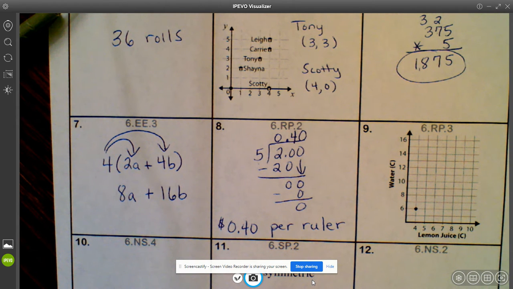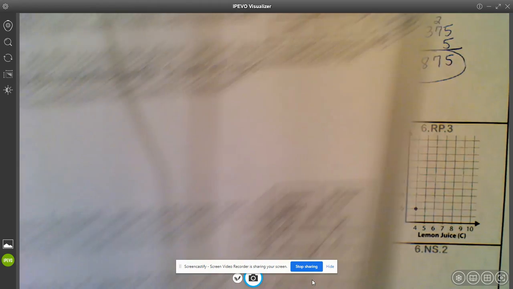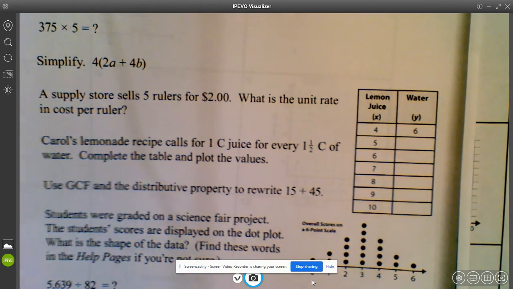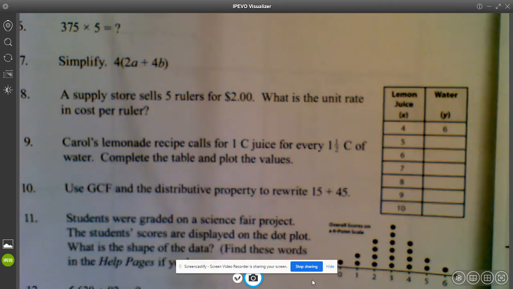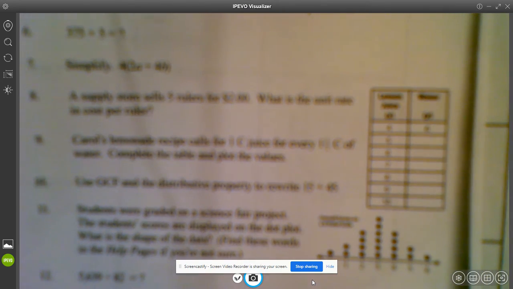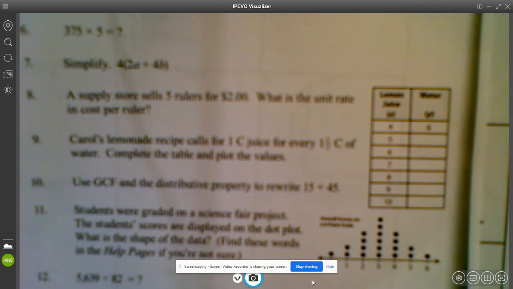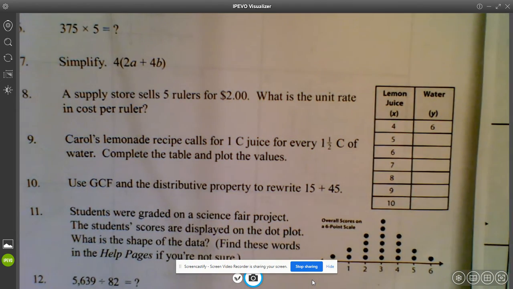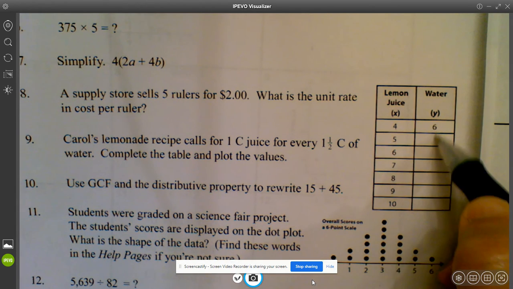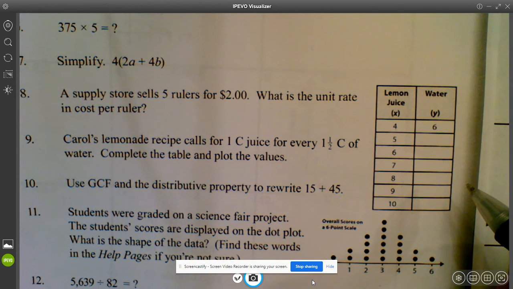All right, and then number 9, you had a chart on your question sheet here of lemon juice and water, and it says Carol's lemonade recipe calls for 1 cup of juice for every 1.5 cups of water. Complete the table and plot the values. So for every cup that we go up, 1.5 cups of water.